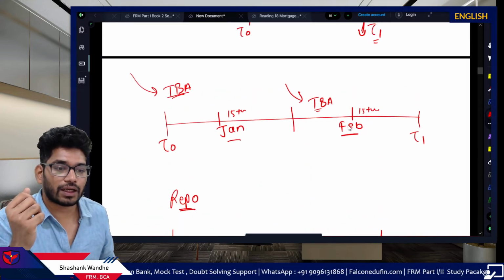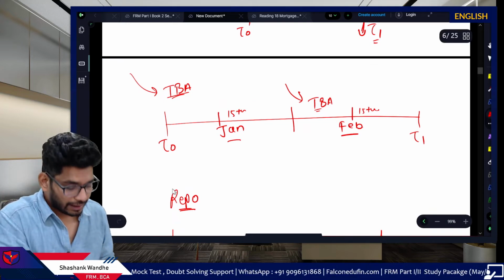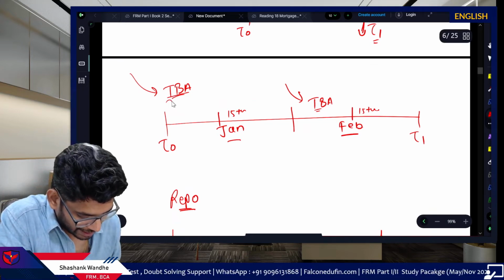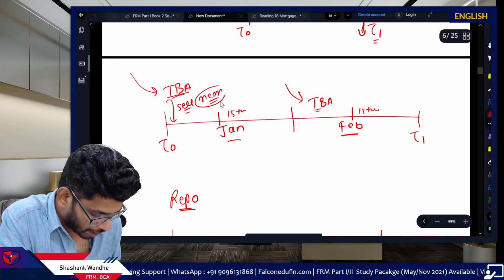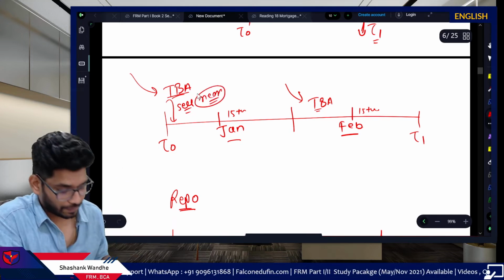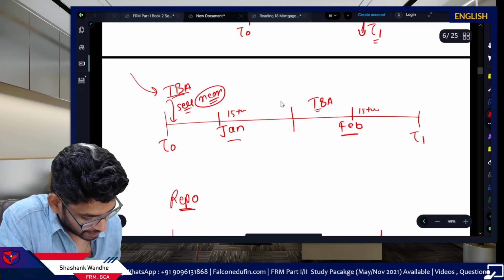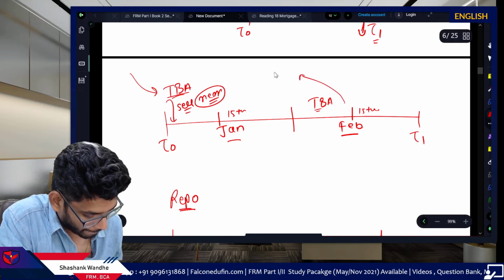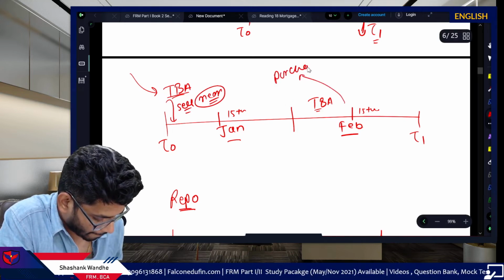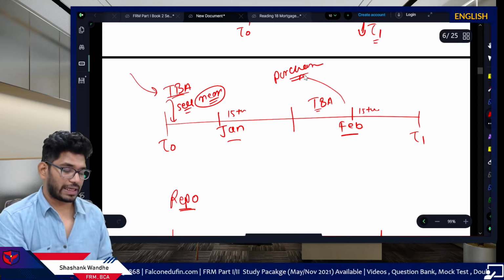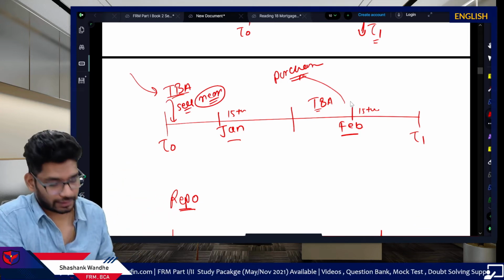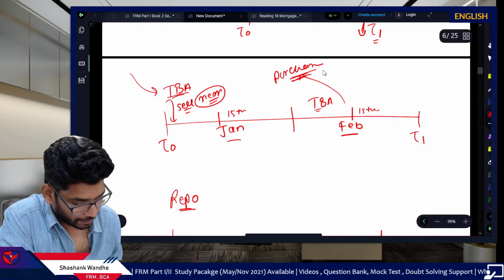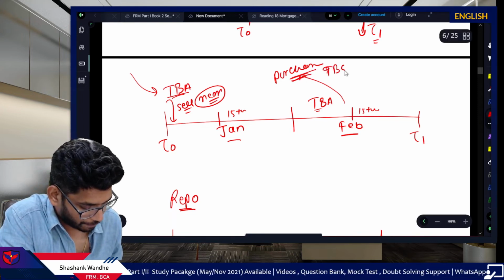Okay. Now TBA is the same. TBA seller will sell near month security, TBAs, and then he will purchase the next month's or that next to next month's securities, TBA.